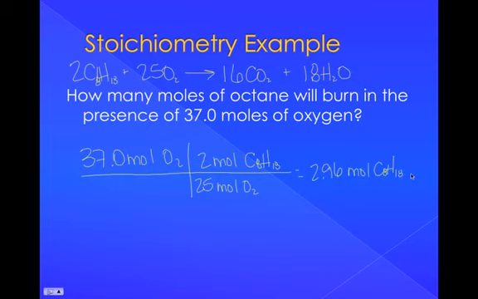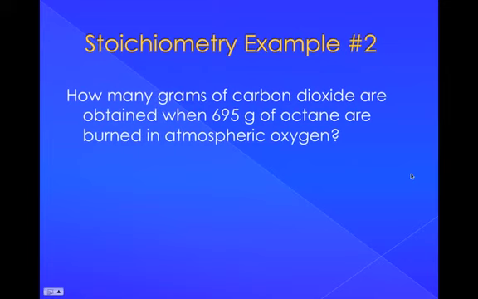Okay, next example, same equation, so go back and get the equation if you need to. We have 695 grams of octane, which is about equal to 1 gallon. And we're going to calculate how many grams of carbon dioxide are obtained. So we're going to see how much carbon dioxide is produced from burning 1 gallon of octane.